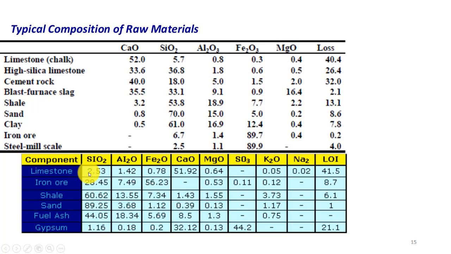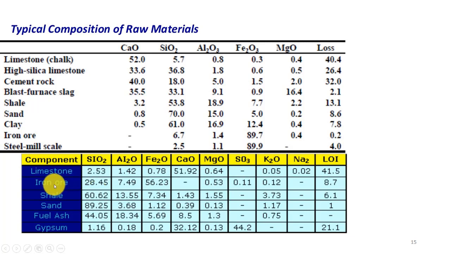These are the oxide compositions obtained from the X-ray fluorescence results. X-ray fluorescence is basically a technique used to quantify the oxide composition of the different constituents present in any material, like limestone, shale, sand, ash, any fuel ash, and gypsum, etc. In this case, we have a limestone which contains a silica content, silicon dioxide, of around 2.5%, and it is rich in calcium, which is 51.92.